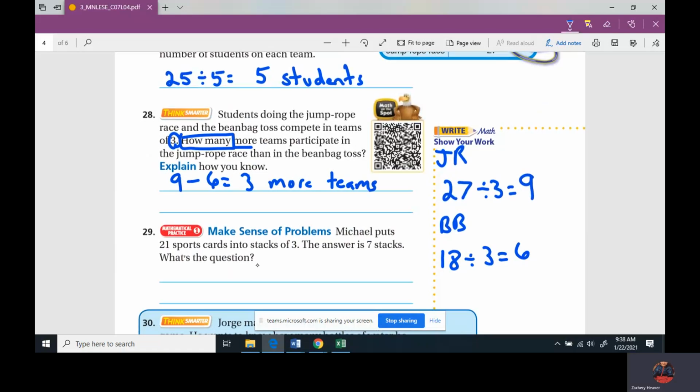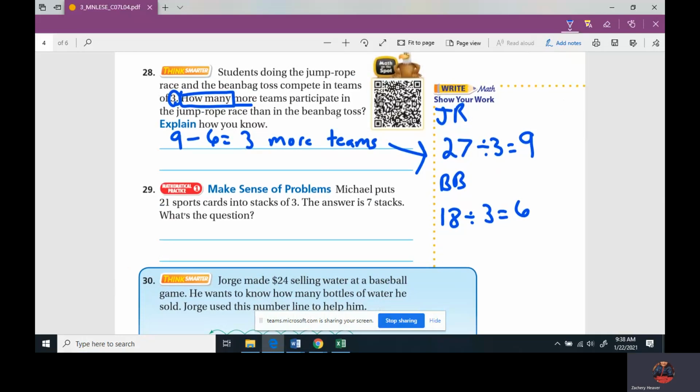And it says explain, have all this information. That explains it. 3 more teams. Have all that information.